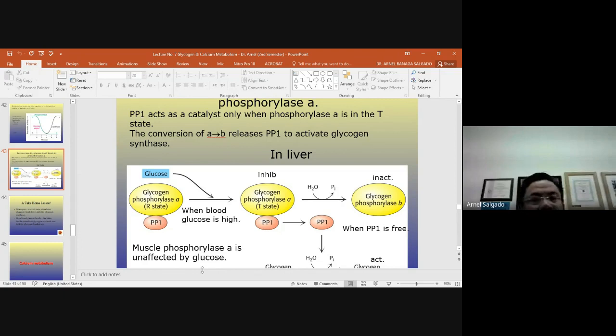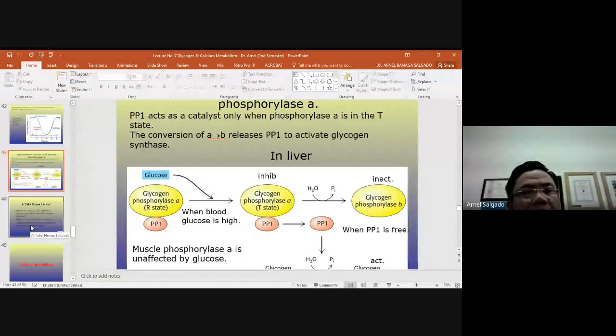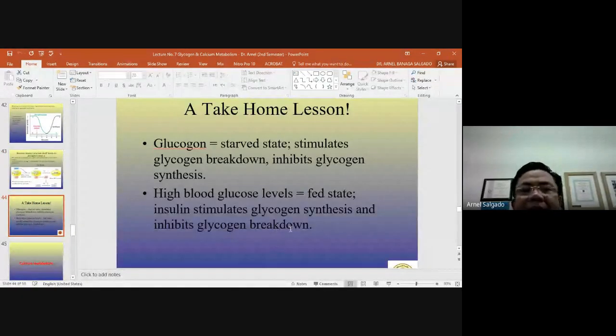Okay? So take note that glucagon stimulates glycogen breakdown. Because once there is an insufficient amount of sugar in the blood, glucagon would be released.